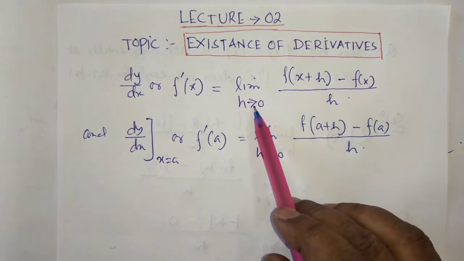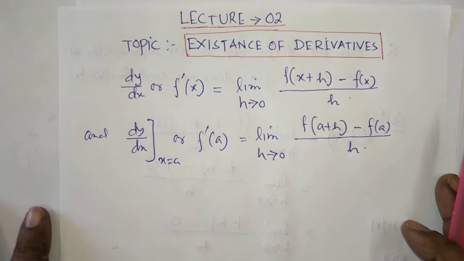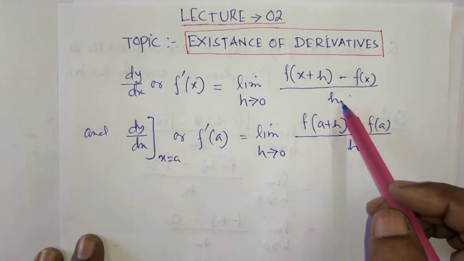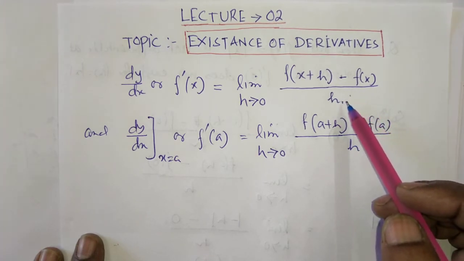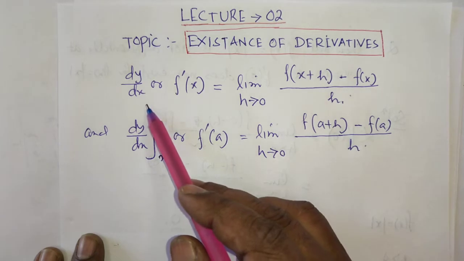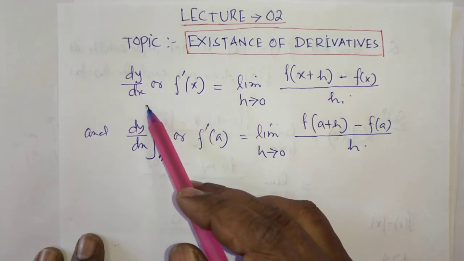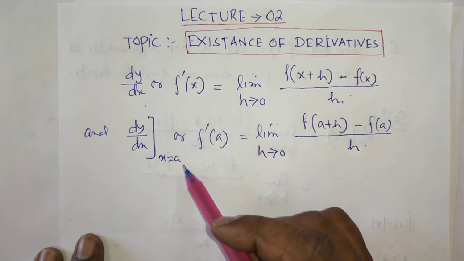Limit h tends to 0, f of x plus h minus f of x, divided by h. We derived this in the last class, and this dy by dx or f dash x represents the slope of the tangent at any point on the curve.